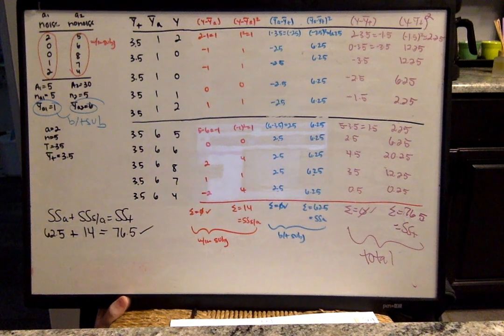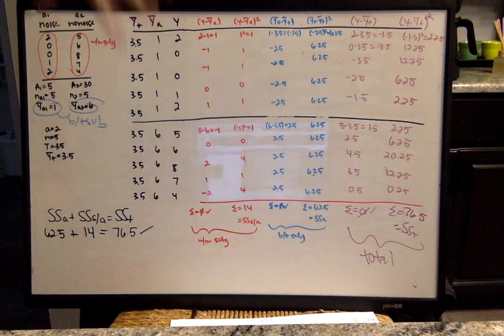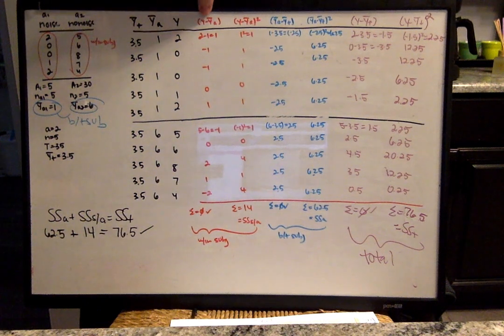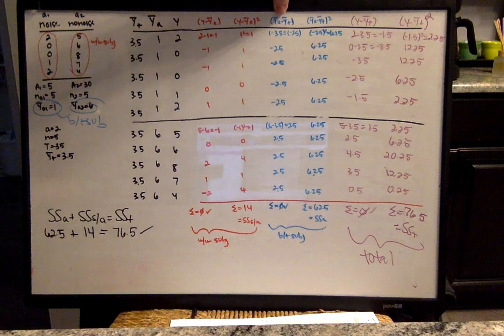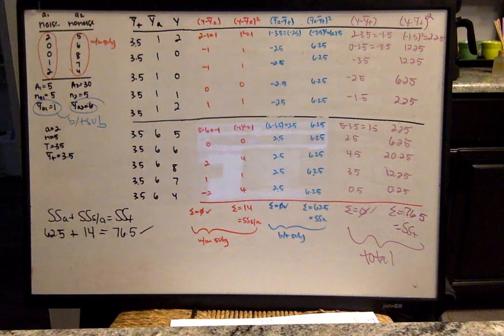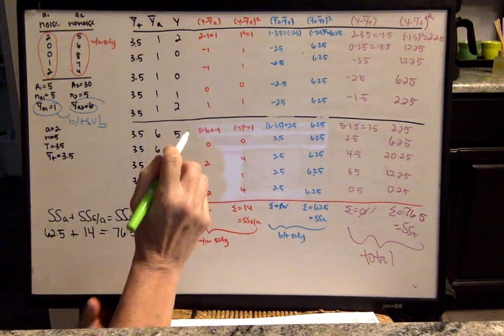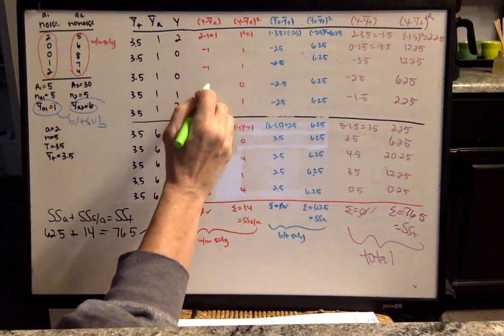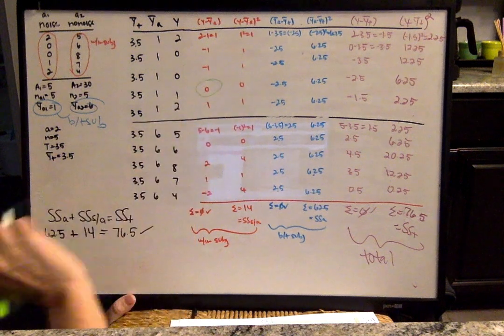Another check that you can do, not that I necessarily expect anybody to do this, but just so you can see how all these numbers work together: the within subjects deviation plus the between subjects deviation should equal the total deviation for every line in this chart. Let's take one or two as an example. Let's start with this one right here. The within subjects deviation is 0.